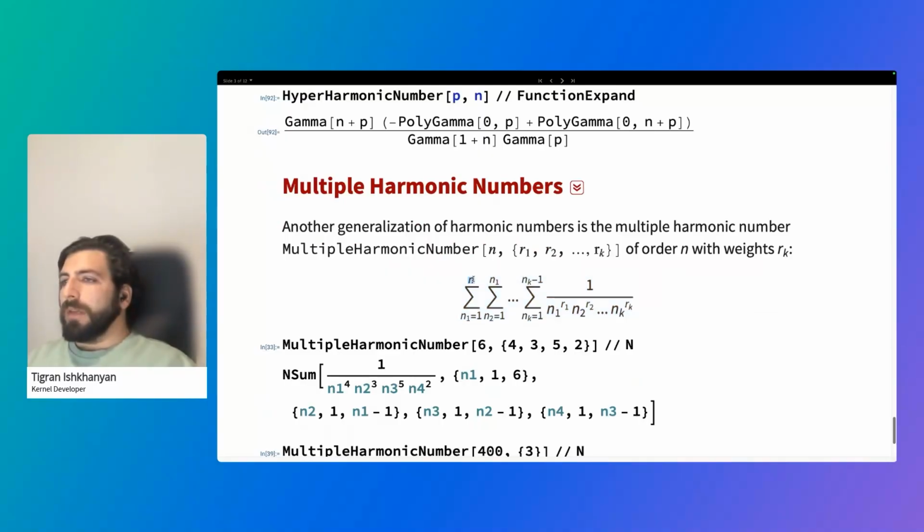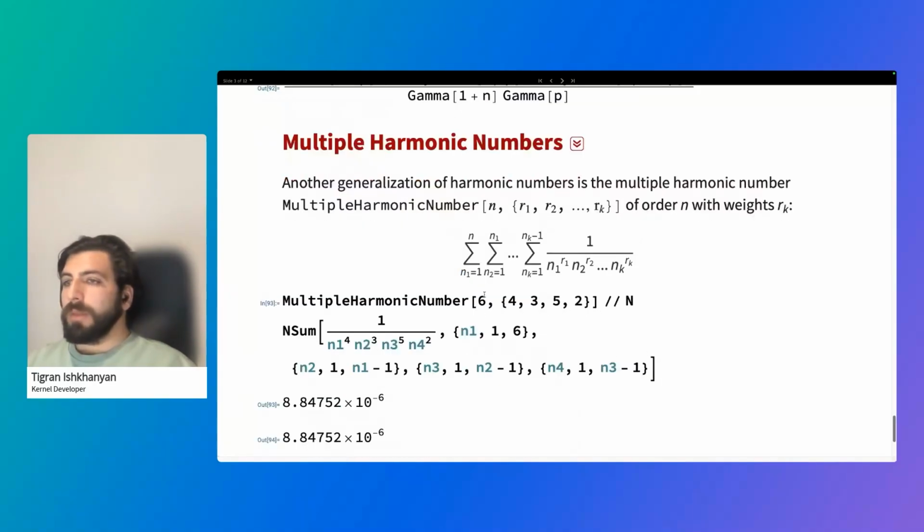Here n is the number given by the user, and the R's are the orders. We can evaluate this multiple harmonic number and compare with the output of NSum directly from its definition.